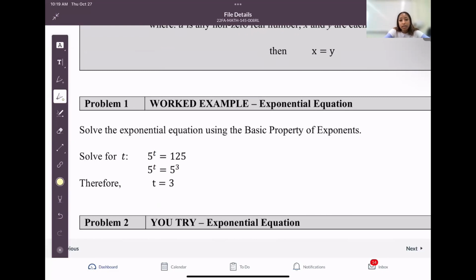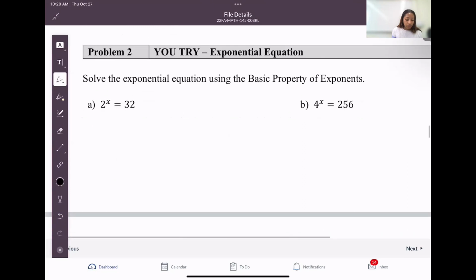But you may also recognize that 125 can be written as 5 to the 3rd power. So our left-hand side is an exponential expression with base 5, and then we are able to rewrite our right-hand side, 125, also as an exponential expression with base 5. Once our bases are equal and we have 5 to some power equals 5 to some power, we can then use the property above and set the exponents equal to each other. This means that t must be equal to 3. That's our solution.